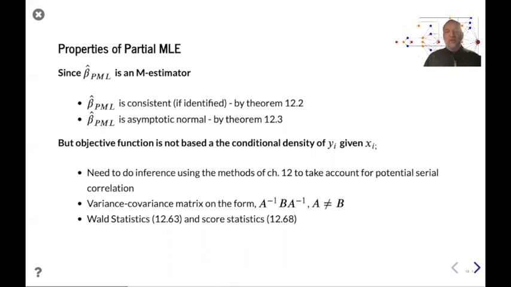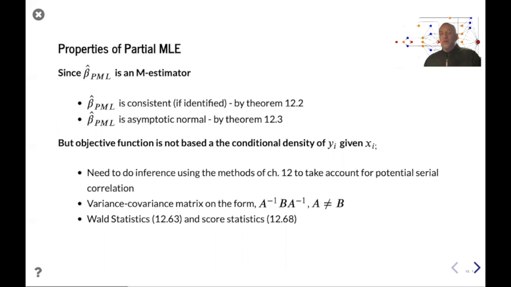The structure of the variance covariance matrix is what you see in chapter 12. Also, if you're doing Wald statistics or score statistics for testing hypotheses, you need to use the right variance covariance matrix, the one that comes from chapter 12, not the one that imposes the information identity from maximum likelihood, which would imply that both the Hessian and the outer product of the gradients are identical.